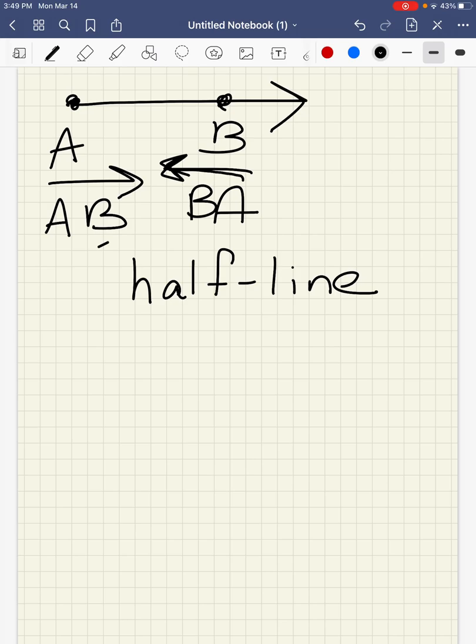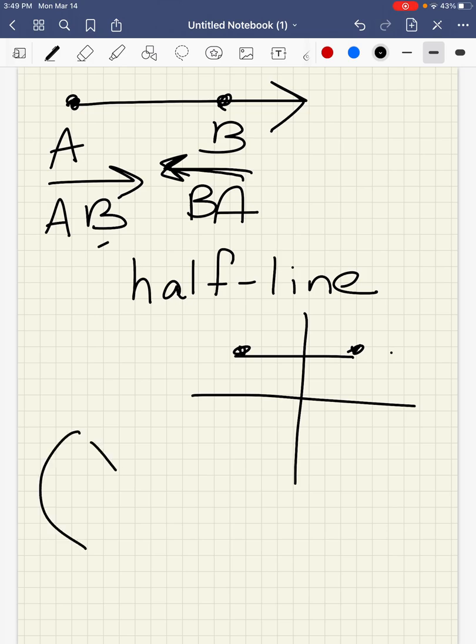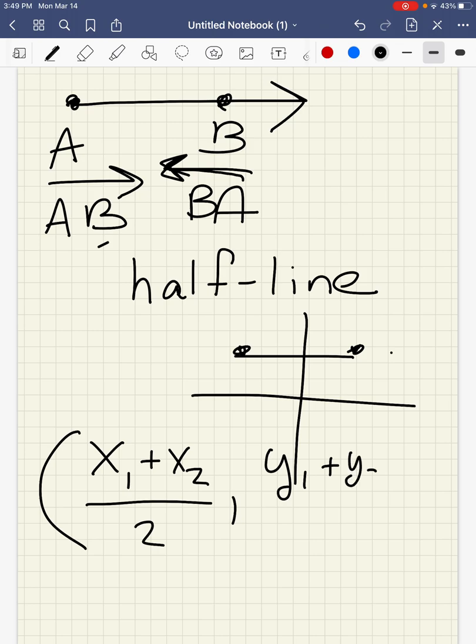And the last thing in this section is when we graph points on an XY coordinate system, like if we had a point here and a point here, each one of those has an X value and a Y value. So if we want to find the midpoint of the segment drawn between those two, the formula is this: X1 plus X2 divided by 2, so it's the average of the X's, comma, Y1 plus Y2 divided by 2.